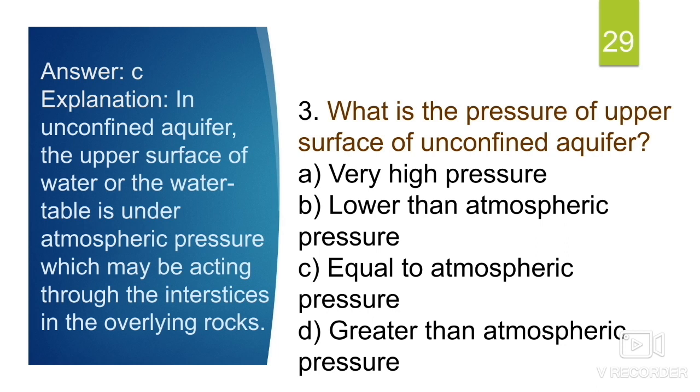Sometimes it's equal to atmospheric pressure, but it cannot be greater than atmospheric pressure. So you have to keep in mind that it can be lower than the atmospheric pressure, and sometimes it's equal to atmospheric pressure. So in unconfined aquifers, the upper surface of the water, or the water table, is under atmospheric pressure, which may be acting through the interstices in the overlying rocks.